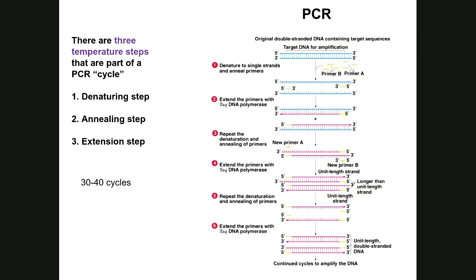So if you look here, they show you primer A, primer B. And they're showing you one of the primers binds to one end of our target, and the other primer binds to the other end of our target. If you look up here, this is your target DNA, double-stranded DNA, and now you can see how the primers are binding to one end or the other. And then our target DNA is all of this here.